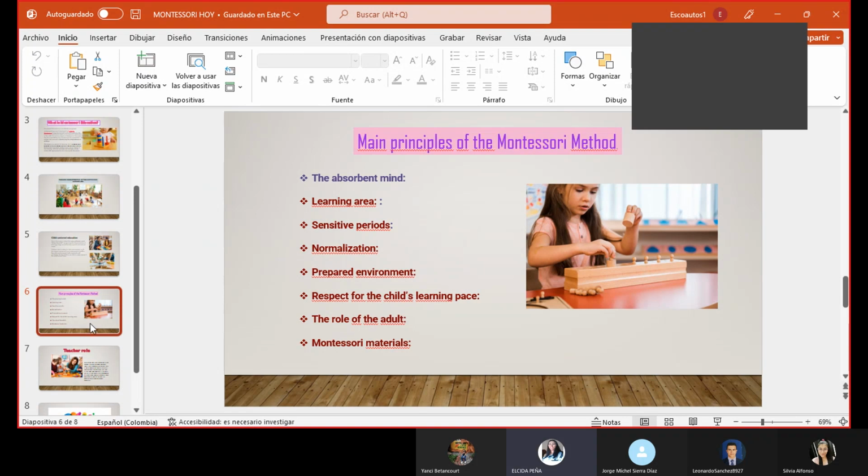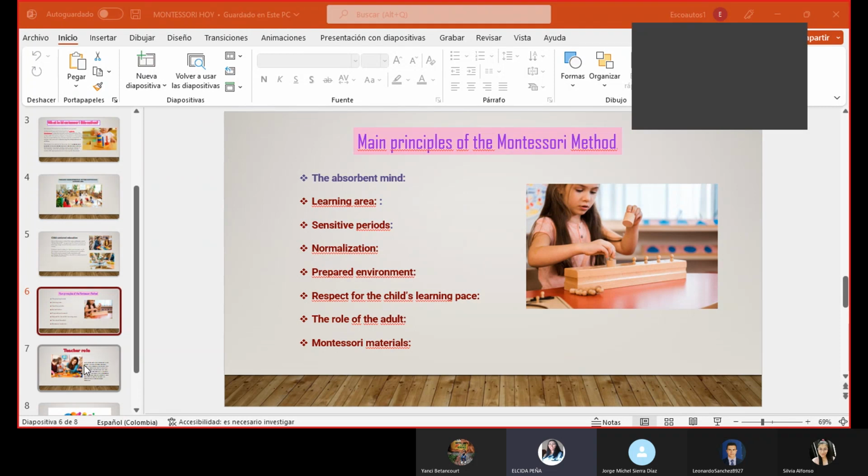The other is, for example, sensitive periods. Those are periods in which the child shows a special interest in or is enthusiastic about learning a certain area. The sensitive periods are also called learning windows.